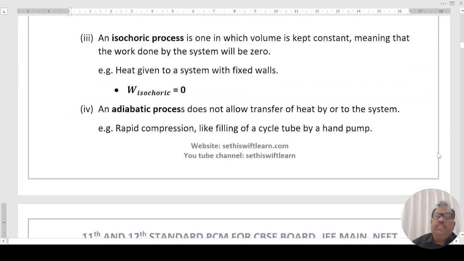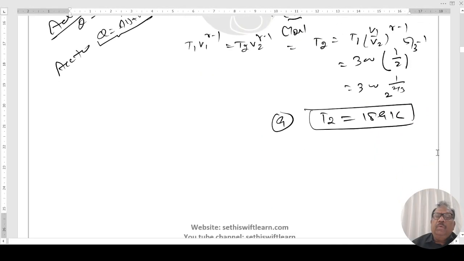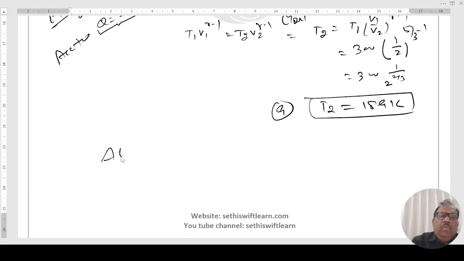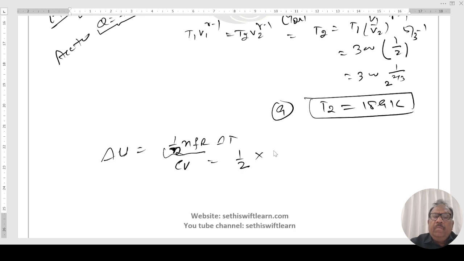Change in internal energy. Delta U will be n times F by 2 times R delta T. This is CV, meaning 1 by 2, with n as 1 and F, the degree of freedom, as 3.